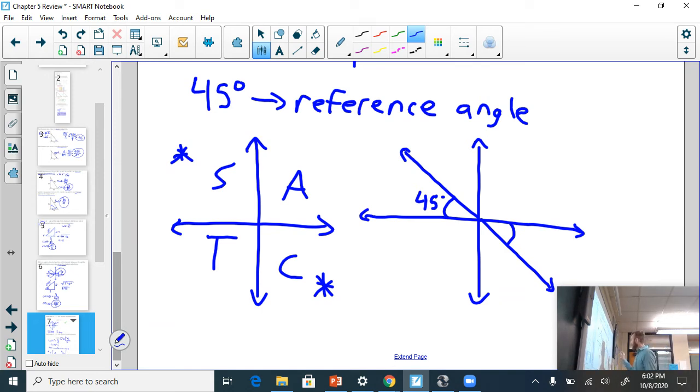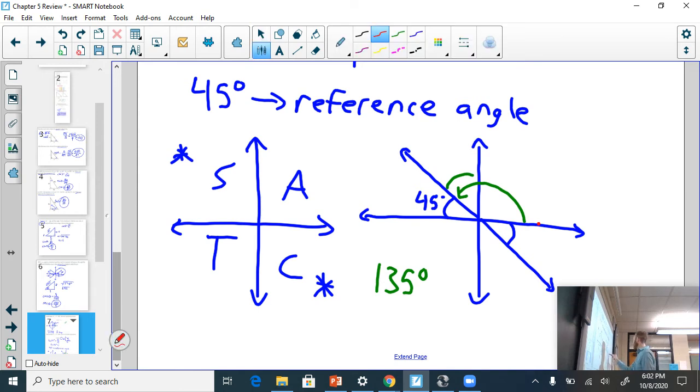And so the actual angles are going to be, you can think 180 minus 45 or 90 plus this, which happens to be 45. So it's going to be 135 degrees, right? And then you can think all the way around.